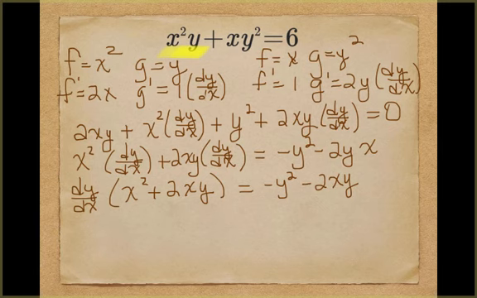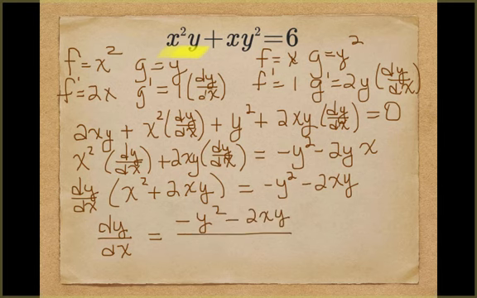Then I'm going to divide by the x squared plus 2xy. So dy dx equals negative y squared minus 2xy all over x squared plus 2xy.